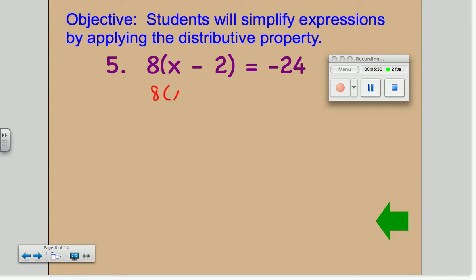8 times x minus 8 times 2 equals negative 24. Using distributive property, 8 times x is 8x, 8 times 2 is 16, equals negative 24. Distributive property.